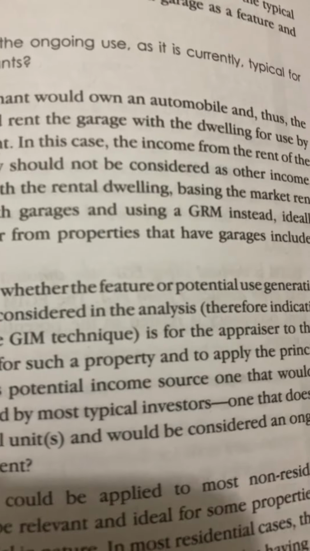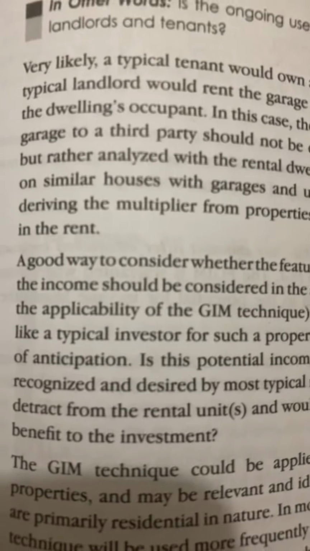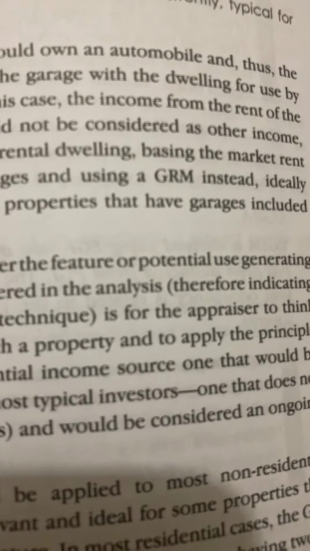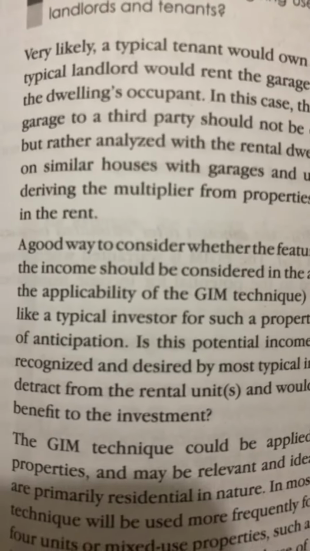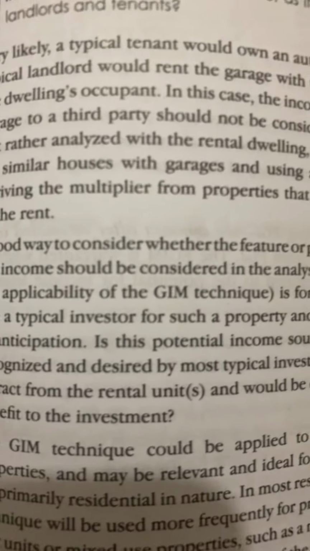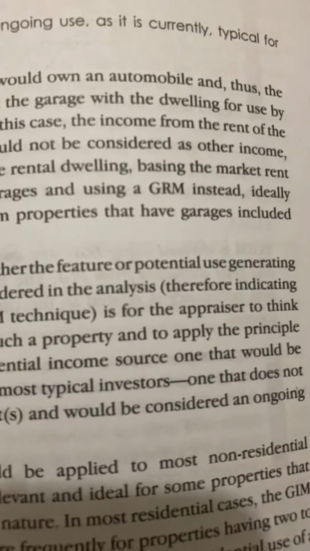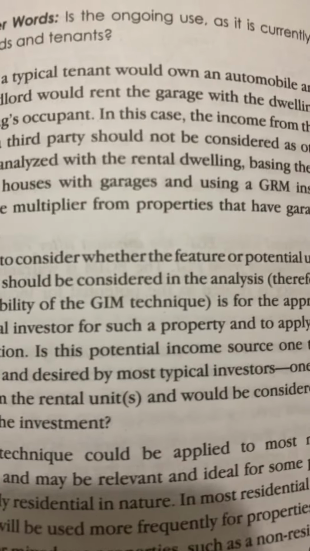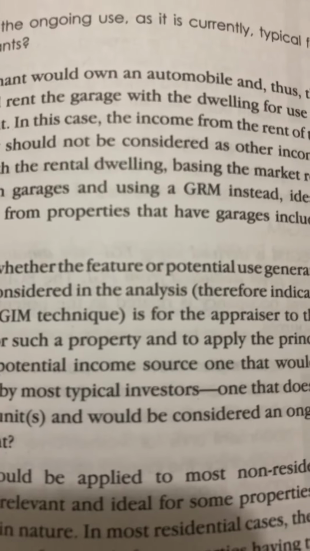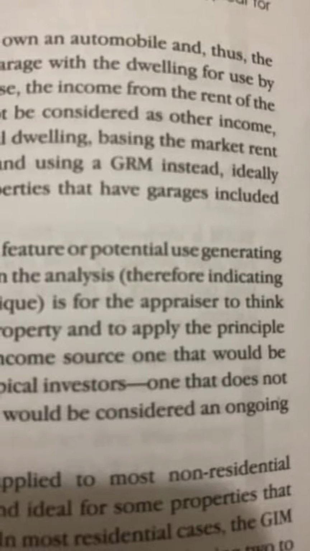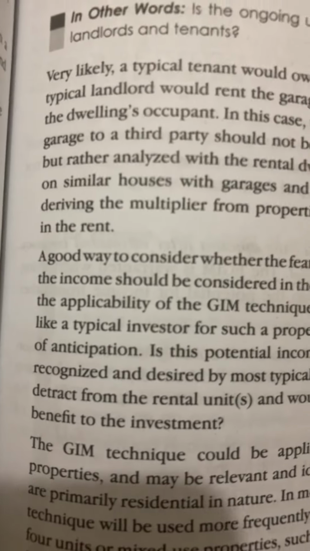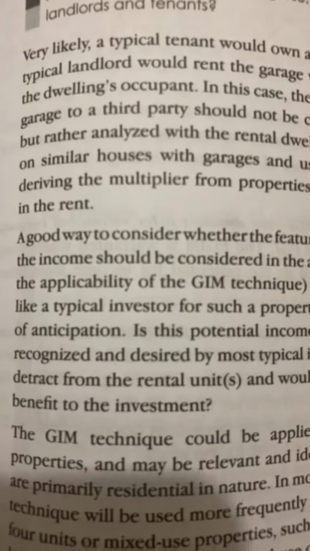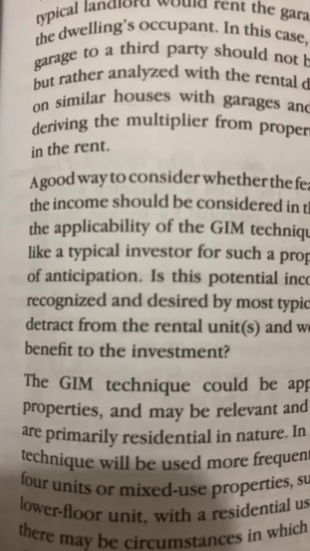In this case, the income from the rent of the garage to a third party should not be considered as other income, but rather analyzed with the rental dwelling, basing the market rent on similar houses with garages and using a GRM instead. Ideally, deriving the multiplier from properties that have garages included in the rent.